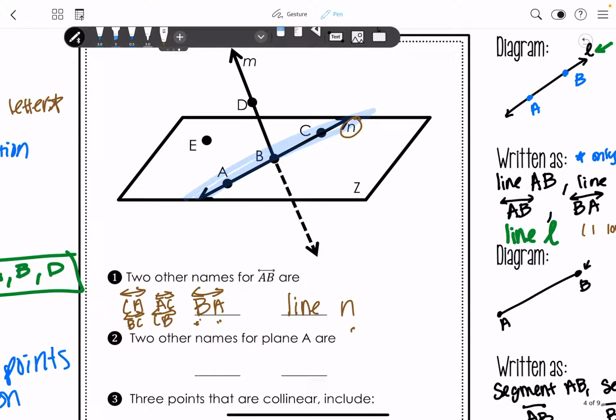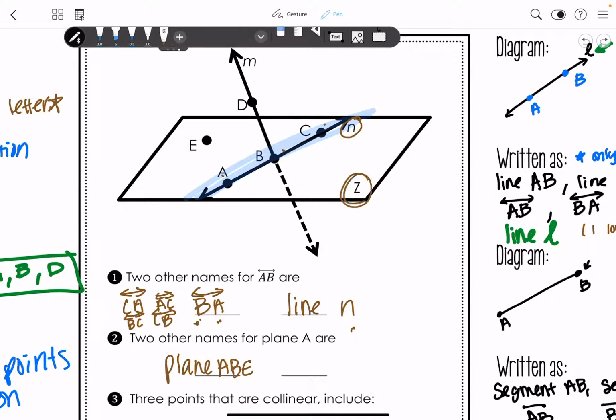Now, 2 other names for plane A. For planes, remember we said 3 or more points on the same plane make them coplanar points. You need 3 points. So you could call this plane ABC, because those are all on the plane. Or you could also do plane ABE. Just because they're coplanar doesn't mean they have to be collinear.